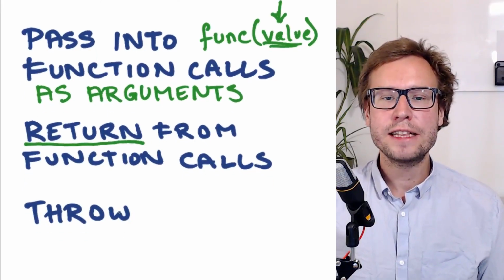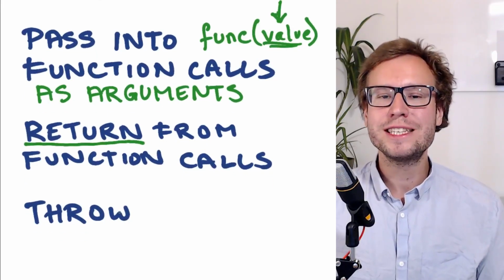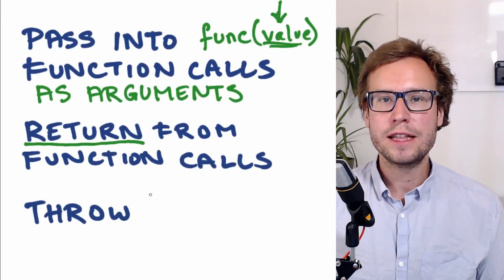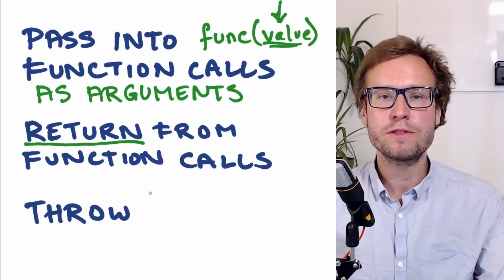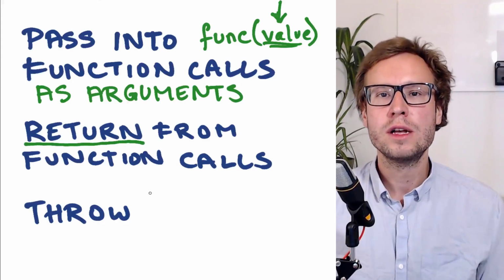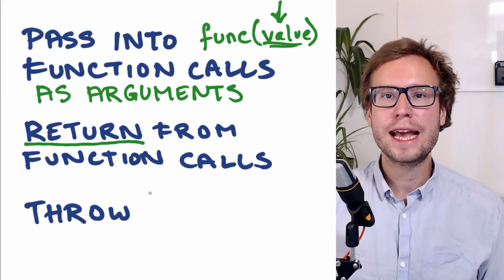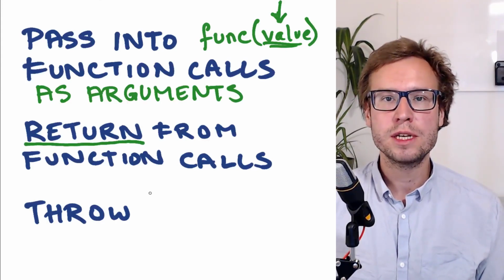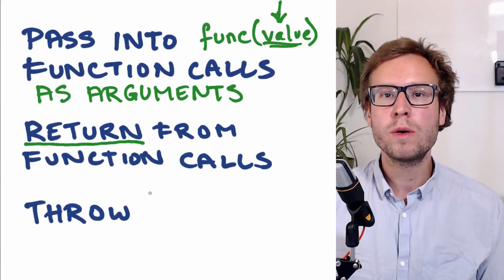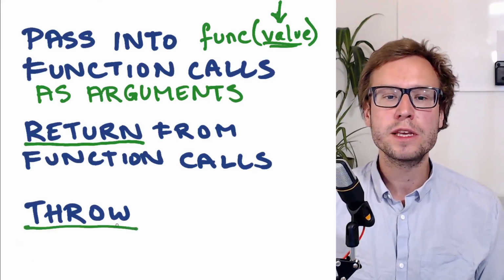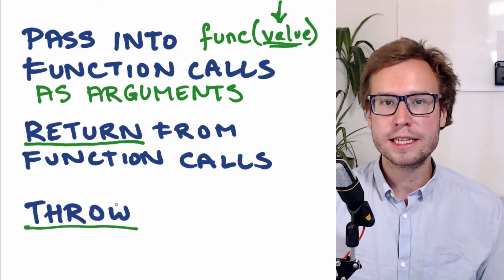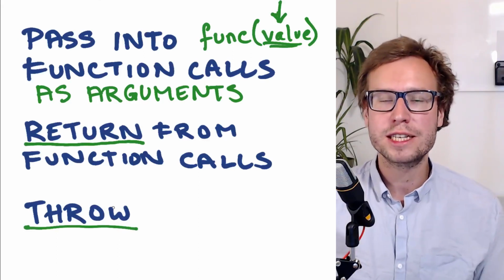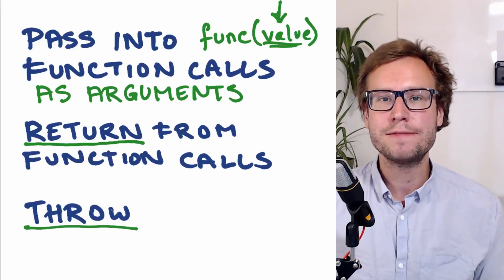And finally, you can throw. Now, maybe you see this less often. The idea that you can throw things that aren't just errors. I mean, if you're familiar with the exception handling mechanisms of JavaScript, there's the idea that you throw errors using the throw keyword. And you can throw error objects. That's a common use case, but you can also throw any value.